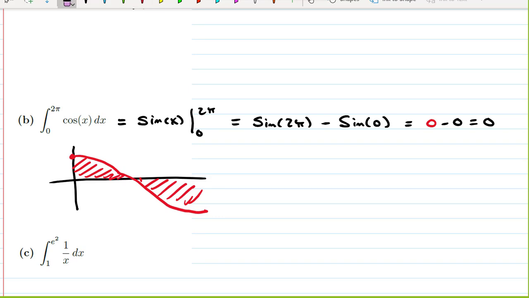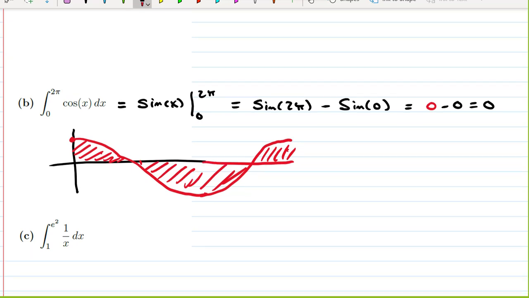Actually, that is a lie picture, huh? Because cosine comes back up like this. So it should look like this. But then these two areas are the same as that area, so they still add up to 0. All right, let's keep going.